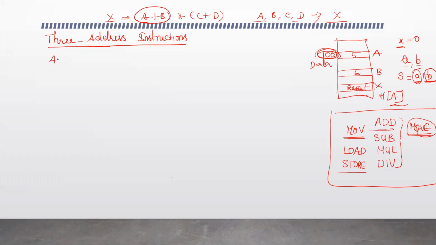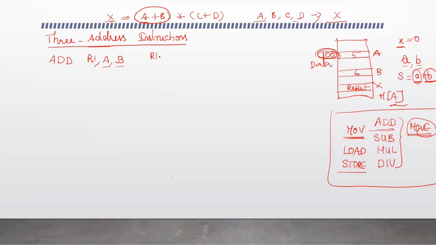Using 3 address fields, the first instruction can be written as add R1, A, B, storing the result in a temporary register R1. Here we need to specify 3 addresses, and an address may be a processor register address or a memory location. So add R1, A, B means add the content of memory locations A and B and store it in register R1.